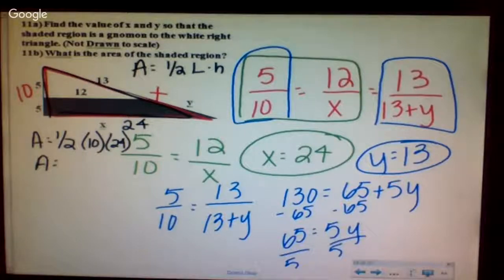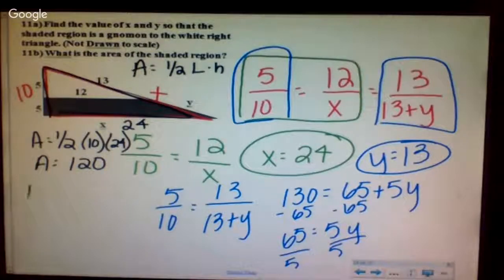Okay, so while I understand that we are only finding the area of the shaded region, this is just like the ring, just like the square. I've got to find the area of the big one and subtract off the area of the small one. So the area of my big one comes out to be 120, correct?